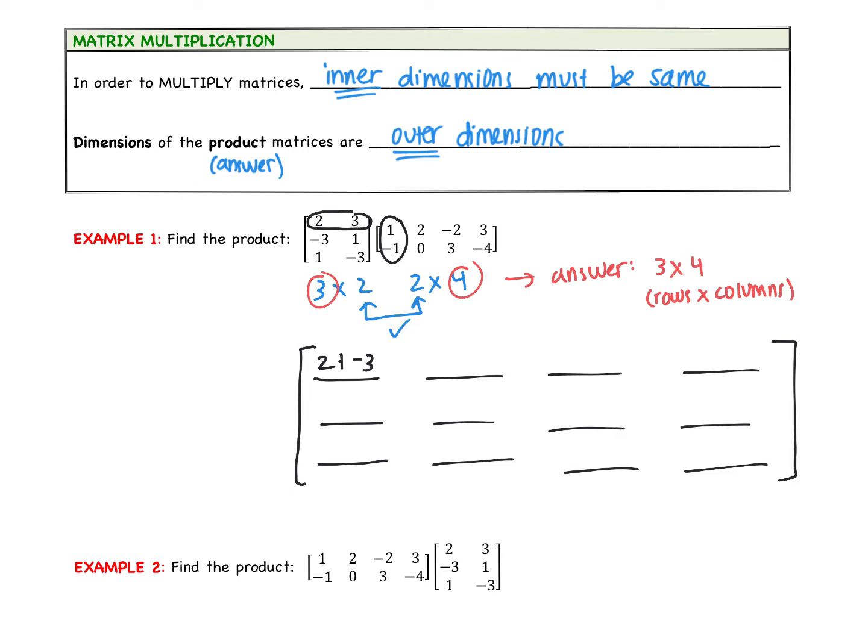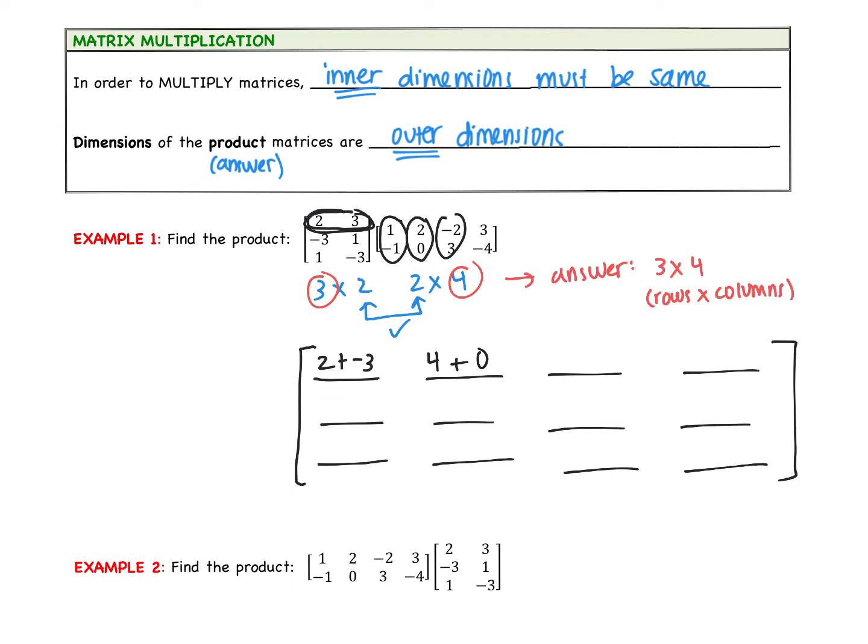And then I keep going. Again, I do this row by the next column. So first number times first number, 2 times 2 gives me 4. Second number times second number, so 3 times 0 gives me 0, and I add them together. Now, same row, next column.